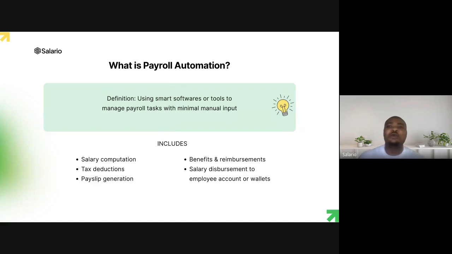So now let's look at payroll automation. Payroll automation is about using smart software and tools to manage your payroll tasks with minimal manual input. I've gone through some of the issues you can encounter while using spreadsheets.